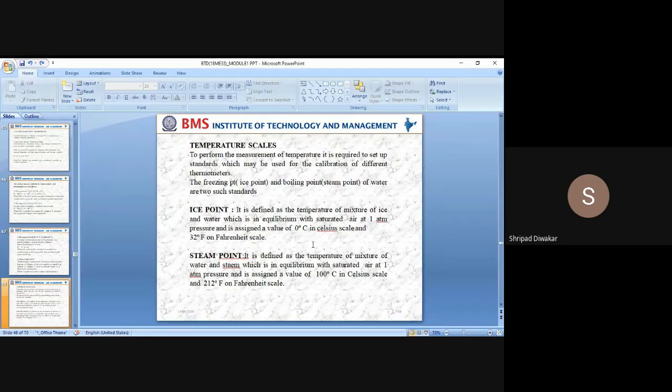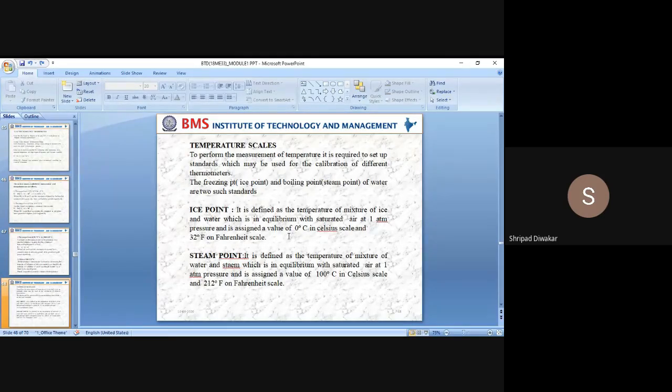Atmospheric pressure is approximately 1 bar. Okay, 1 bar is 1 into 10 to the power of 5 Newton per meter square. That is the atmospheric pressure.